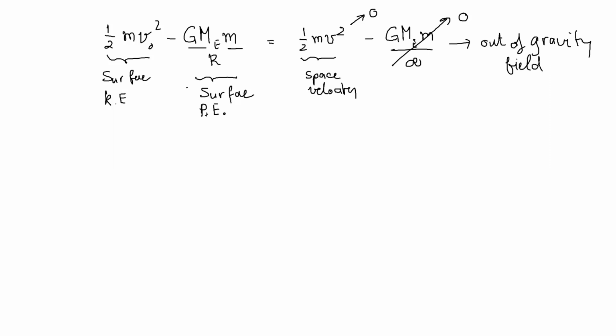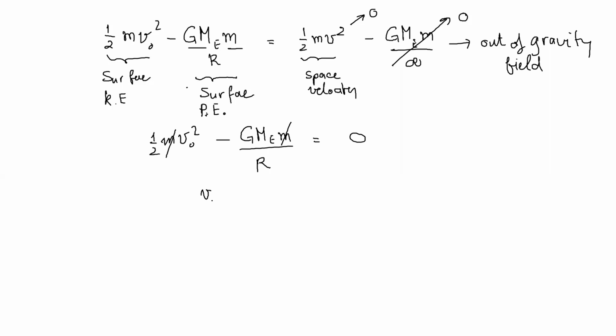So you will end up with the left side being 1/2 mv squared minus G, mass of the Earth, m over r, equal to 0. And you can cancel the m out.